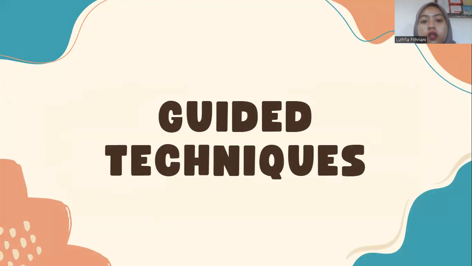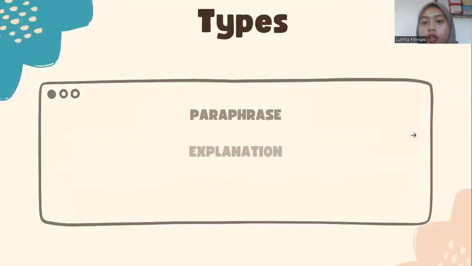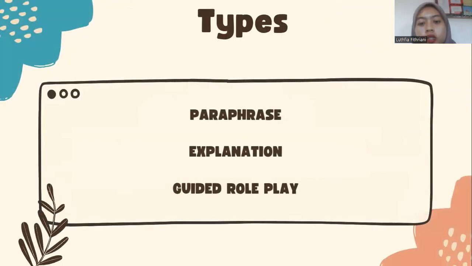It is called guided techniques. There are three types of guided techniques: paraphrase, explanation, and guided role play. The first is paraphrase. Do you know what paraphrase test is? So paraphrase in speaking test can be done by the teacher giving a passage and asking the student to retell the passage that has been read by the teacher in their own words.